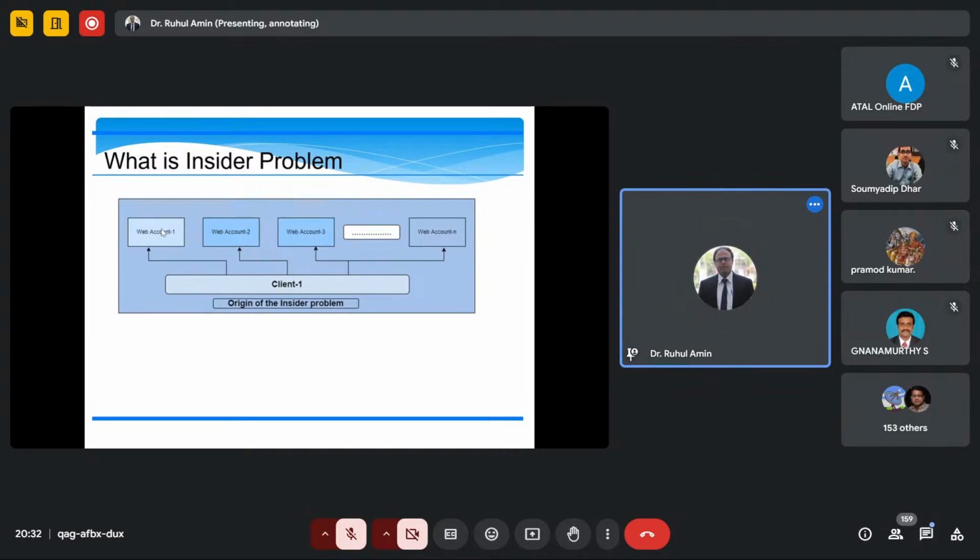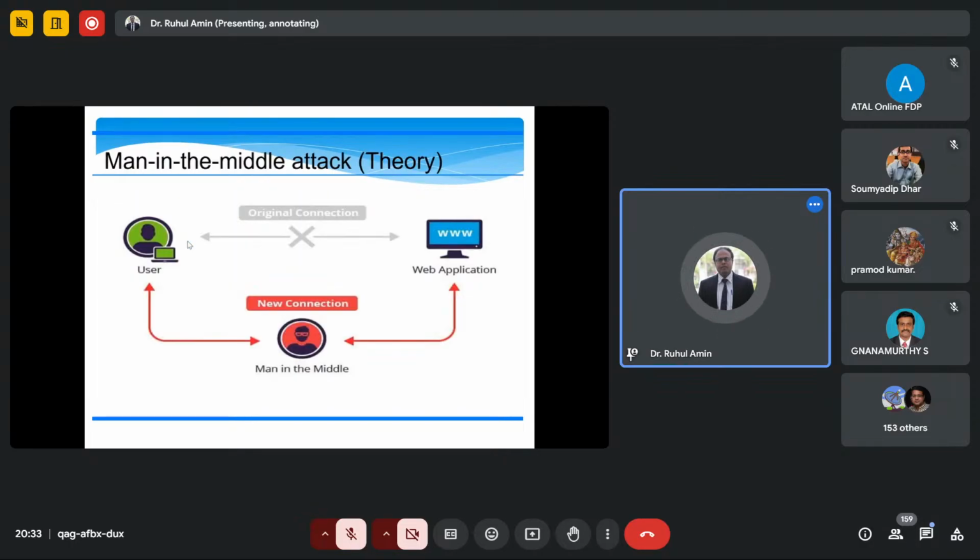If account 1 has revealed your password, the rest of the accounts are also in danger. This is basically the problem of the insider. We have to trust the administrator not to reveal the account credentials.